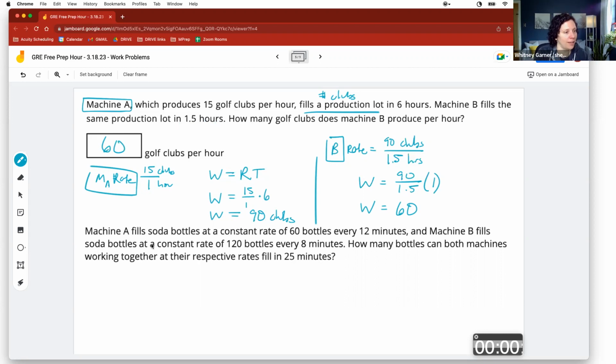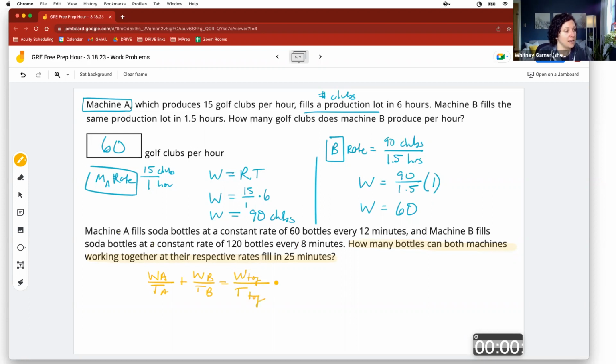But the second one, notice that the question then moves to, how many bottles can both machines working together do? So I'm going to set up an expression of the work of machine A over the time that it takes machine A, plus the work machine B does over the time that machine B takes, is their work together divided by the time it takes them together.